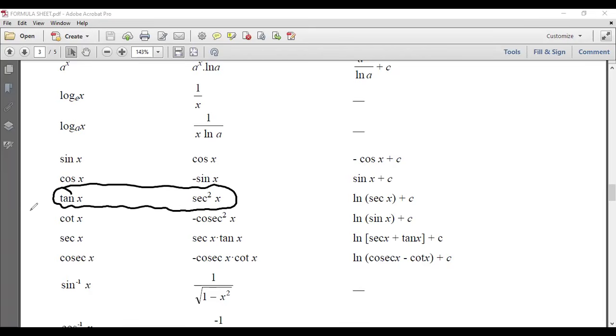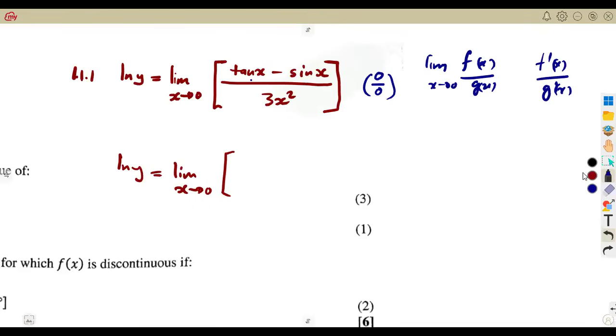So you can simply consult your formula sheet if you do not understand your derivatives. So the tan gives us sec squared x minus the sine. Remember, sine changes to a cos, and that's a positive cos.